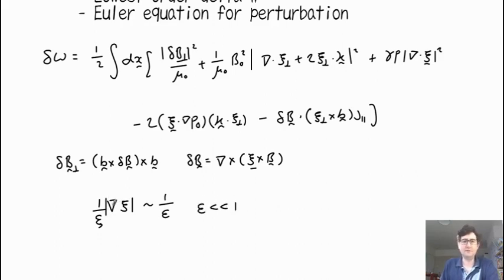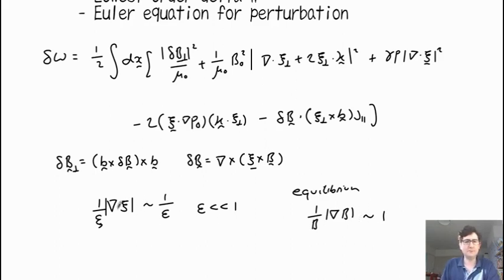And so the gradient is large, and this is large compared to the background equilibrium quantities, so for example, magnetic field strength, and the same thing for grad B. This would be like order 1, for example.